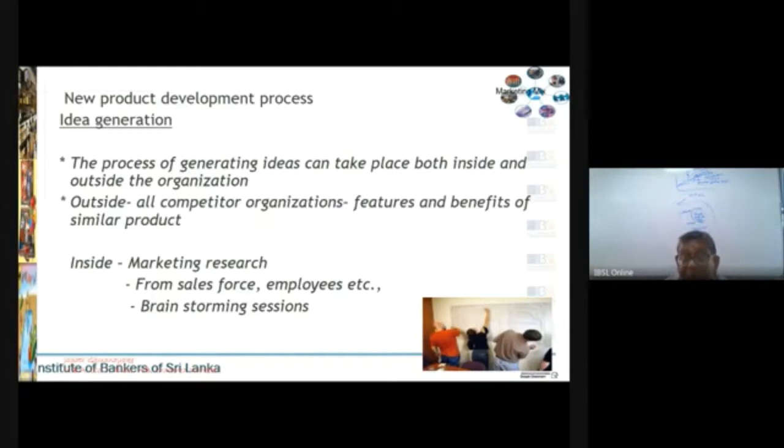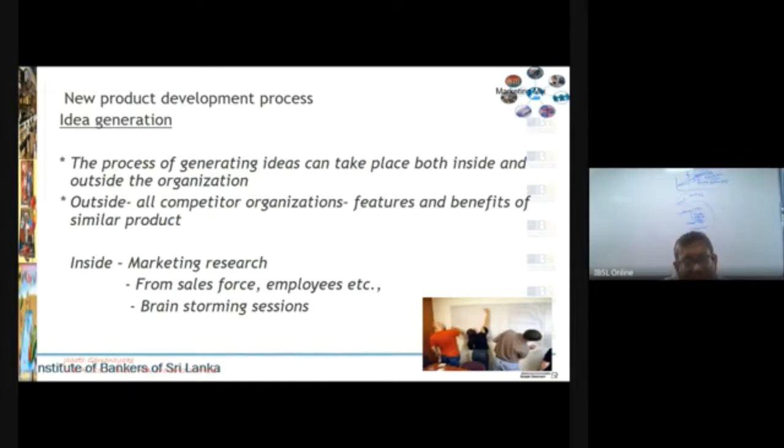For example, a children's savings account. Now, what is the process you as a marketing manager go through? First step, idea generation. Now you need to develop an idea.